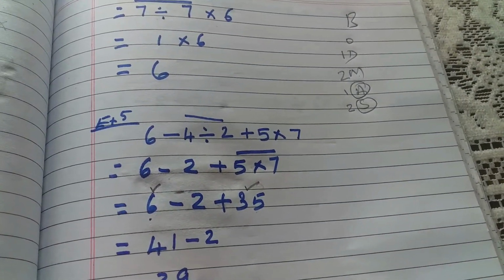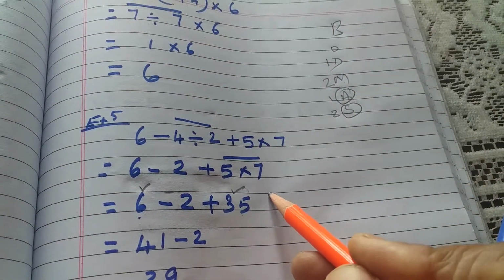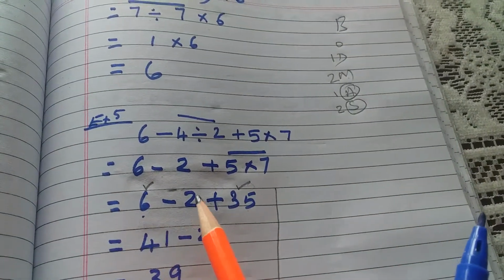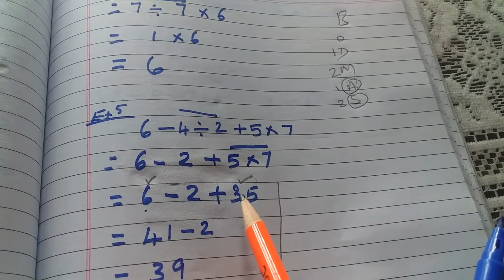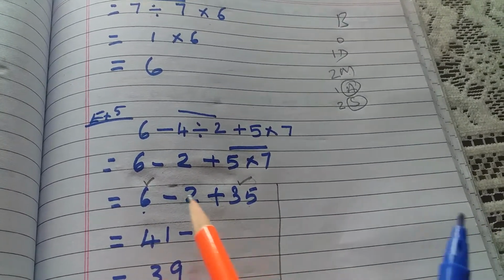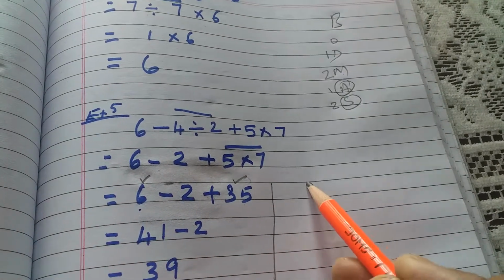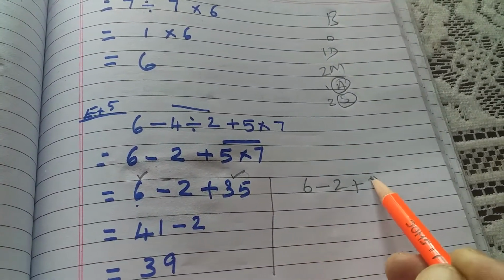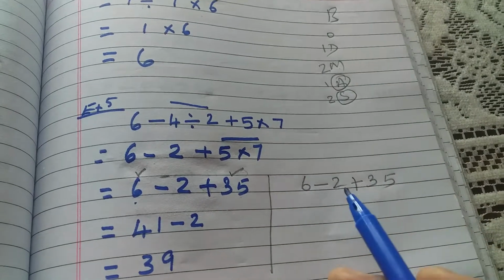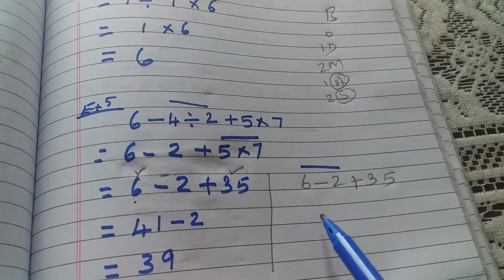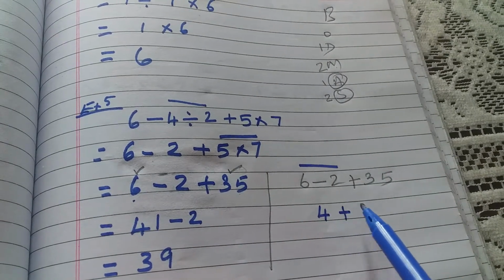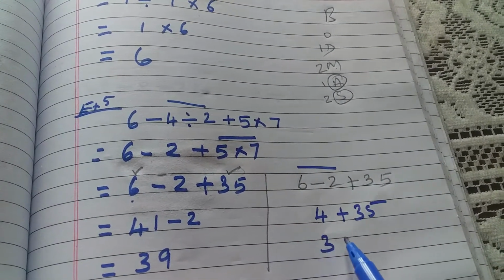This is 39. And here is one more small hint I want to give you, children. When you have only addition and subtraction, you can move from left to right also. Even if you do it this way, you will get the same answer. If you're moving from left to right, we do the first operation first, the second operation second. 6 minus 2 is 4, and plus 35, 35 plus 4 is 39.